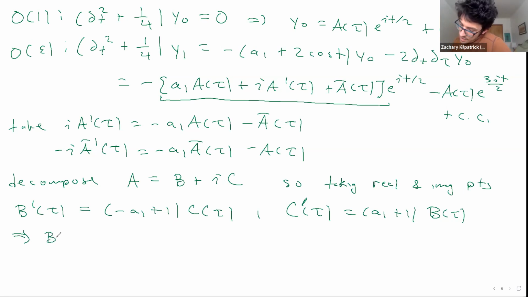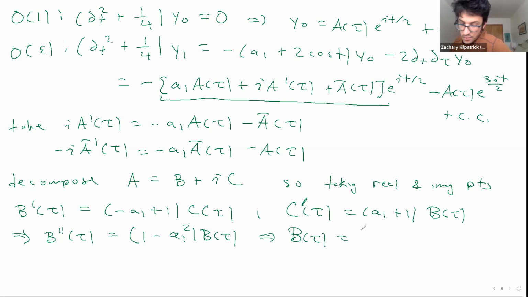So then B double prime of tau is equal to what? Well, I can combine these two equations, and I get 1 minus a1 squared times B of tau. Not hard to solve then. I get B of tau is equal to some coefficient big K times the exponential of plus or minus the square root of 1 minus a1 squared times tau.